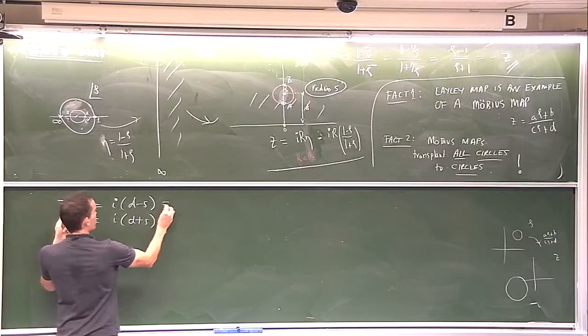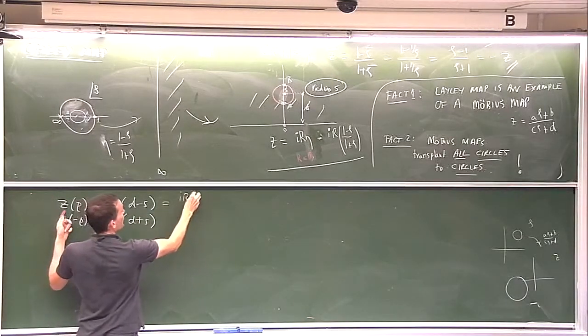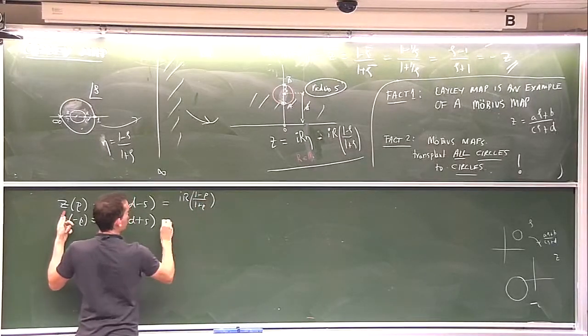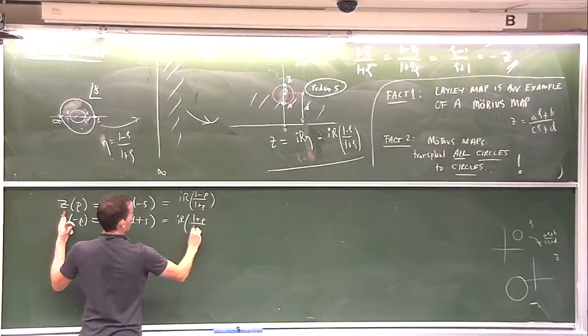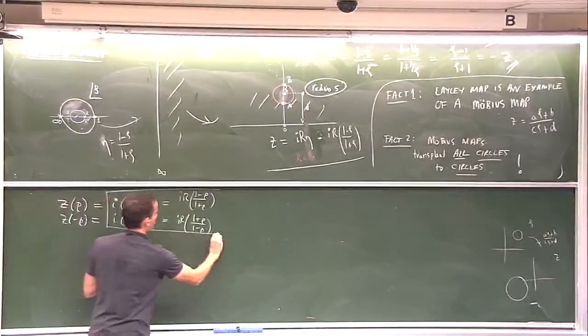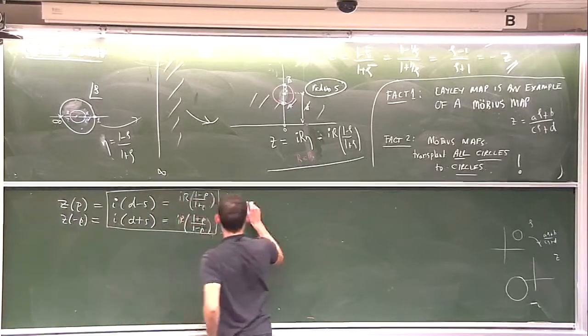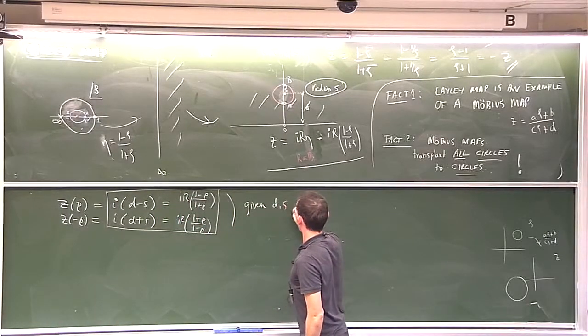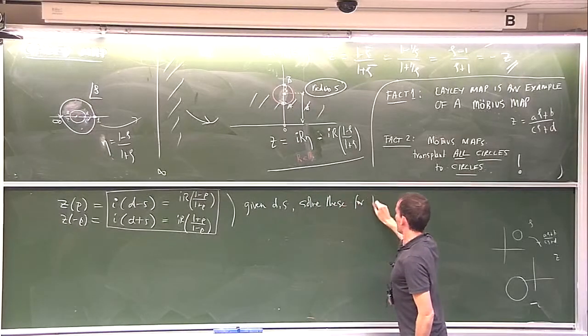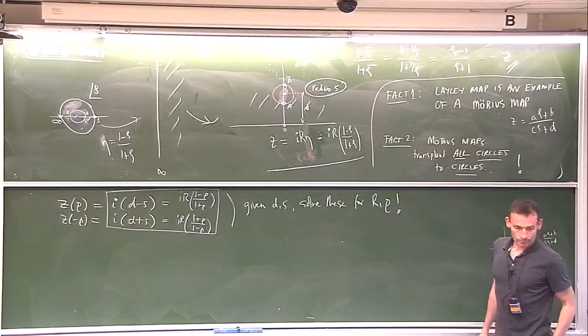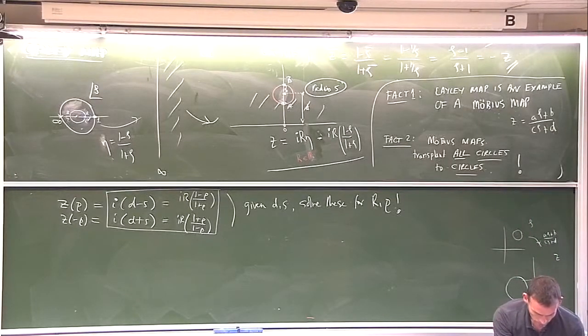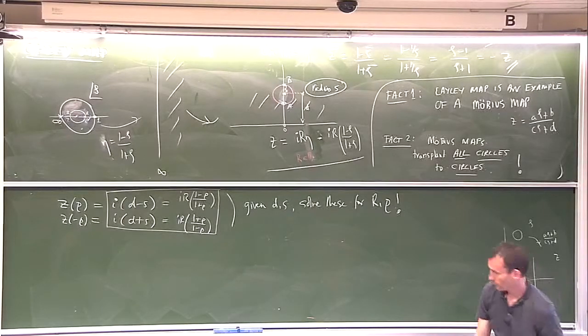And Z of rho will be i R. So given D and S, I can solve these simultaneous equations for rho and R. I can even tell you the solutions, you can check.